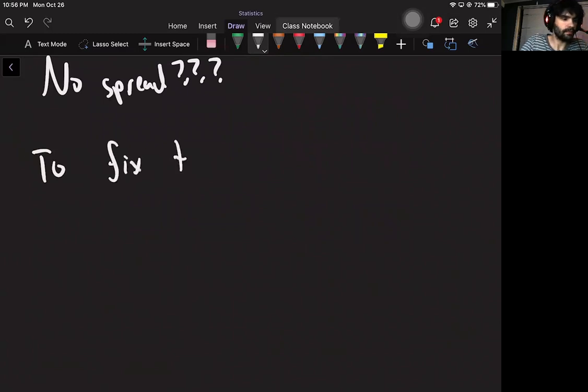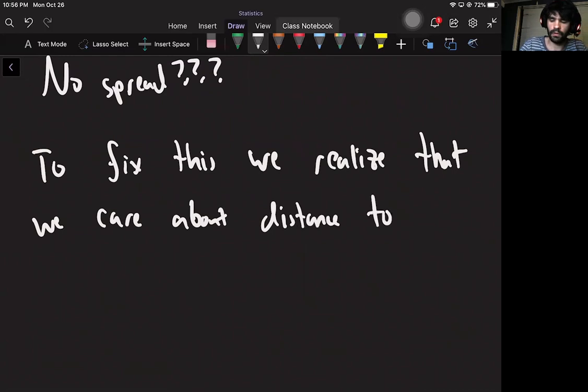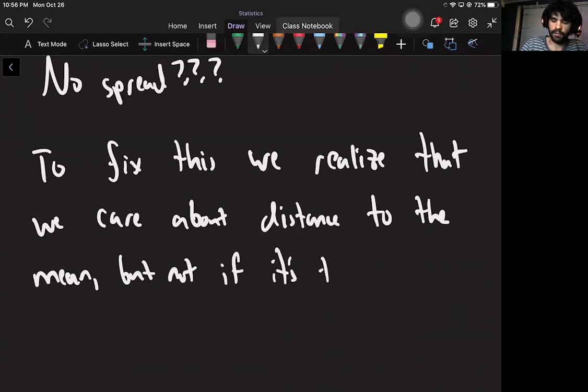To fix this, we realize that we shouldn't really care if the distance is negative or positive. What we care about is distance to the mean, but not if it's to the left or right.